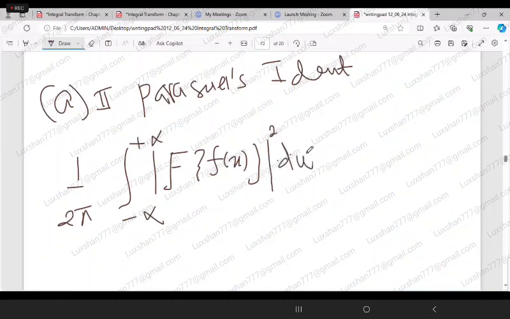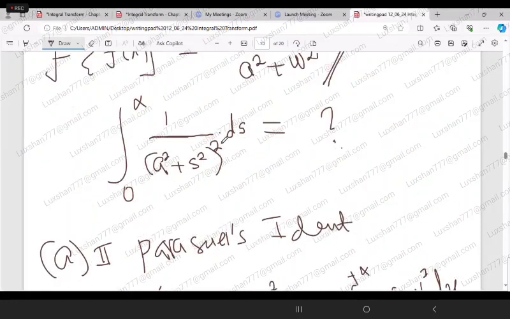d omega is equal to the integration minus infinity to plus infinity of mod of f(x) squared. Now I want this one.